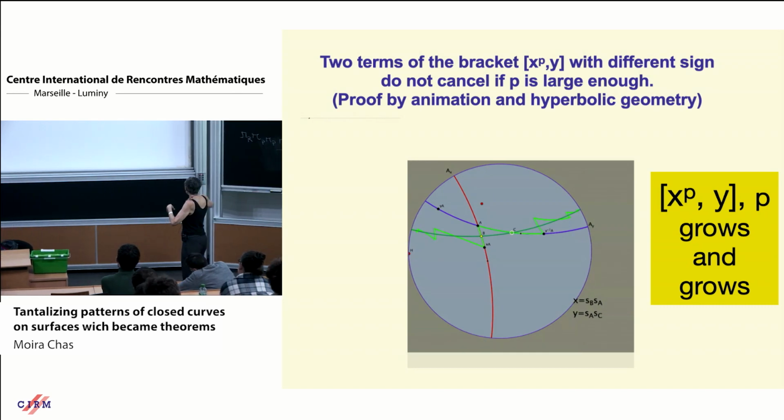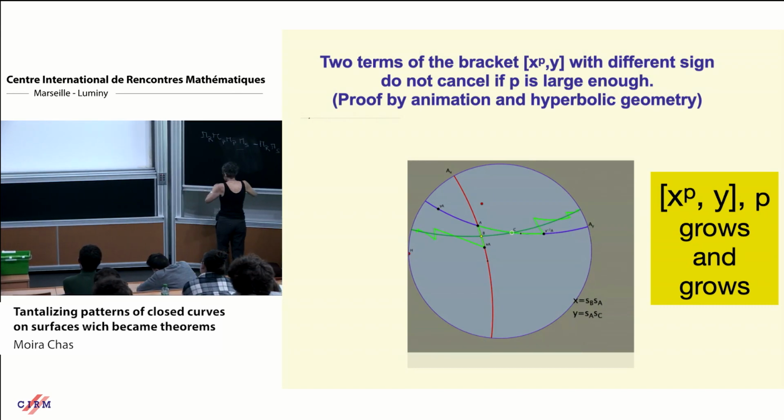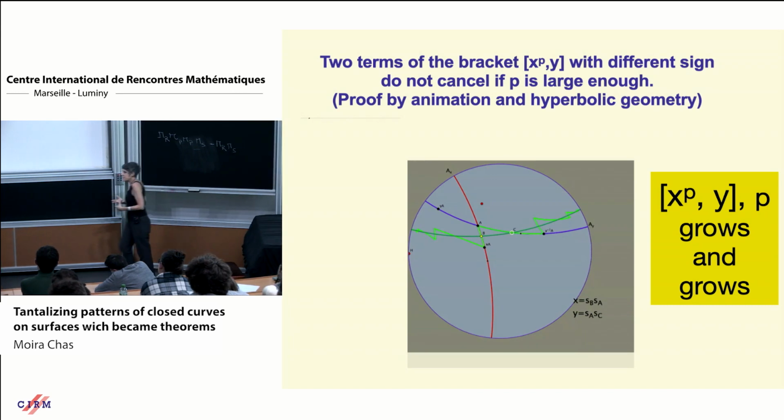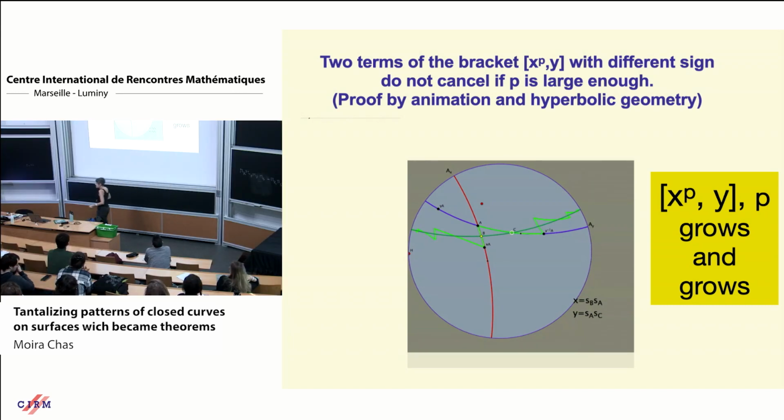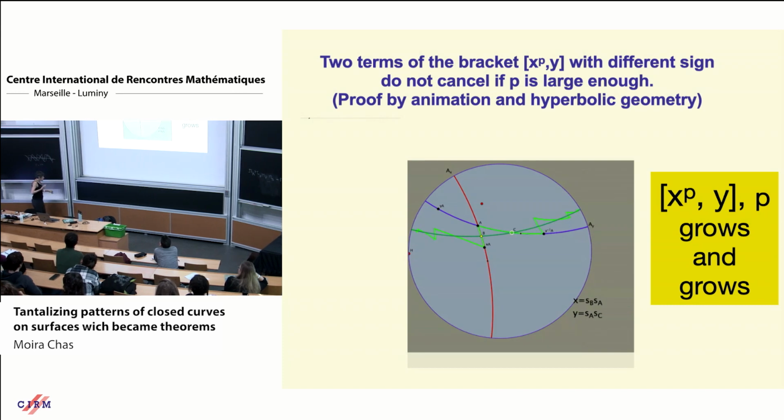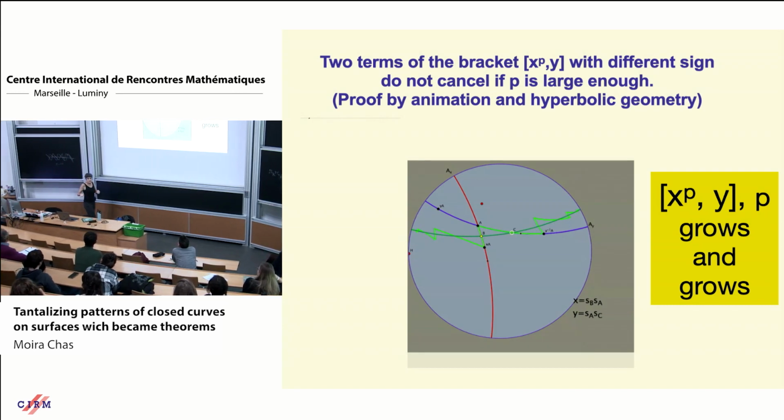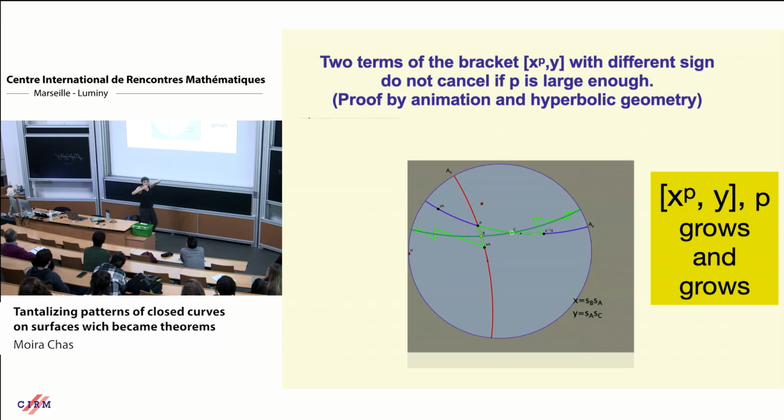So I can consider two zigzag curves, a pair of lifts. I have one lift, this is the axis, and I have my zigzag curve, and I have another zigzag curve shadowing the same axis. But now, if I make p very long, both zigzag curves are going to have very long pieces.